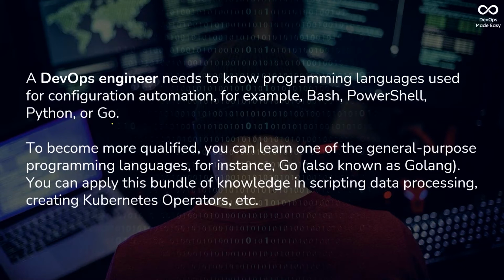To become a very good DevOps engineer, you need to know at least one. Even in our training, we are covering Python and Bash. To become more qualified, you can learn one of the general purpose programming languages. For instance, Go is a general purpose programming language.